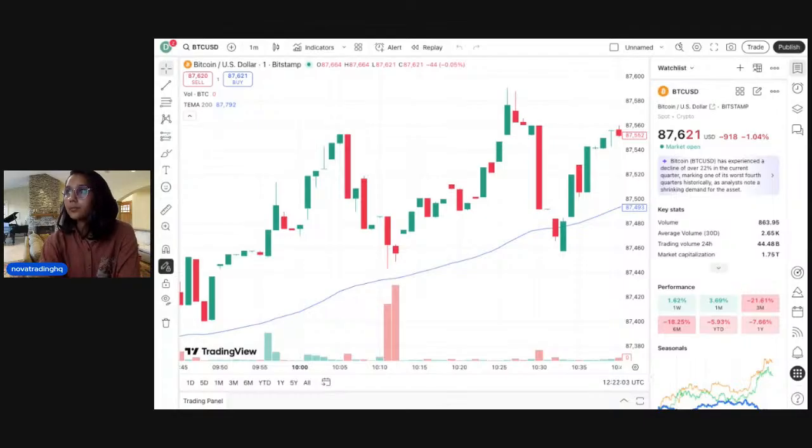Now you will notice that from 10:28 to 10:32 UTC, there is a sharp pullback. First, let's understand what happened at 10:28. First, a meaningful red response shows up just after the impulse.